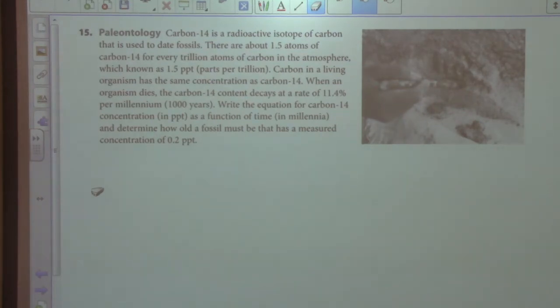But it still ends up being the same thing as problem 14, if you just think about it.